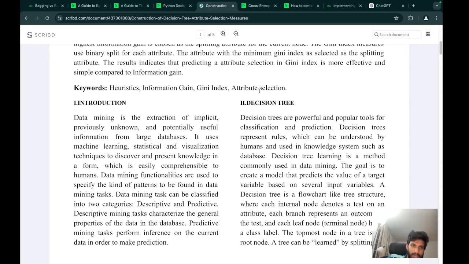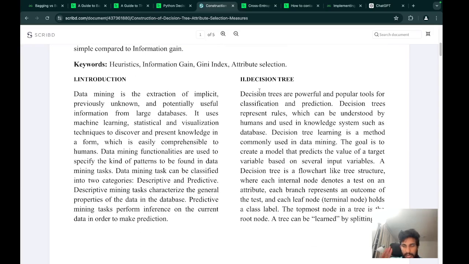Data mining, bro, I'm gonna skip this. Decision trees are powerful and popular tools for classification and prediction.